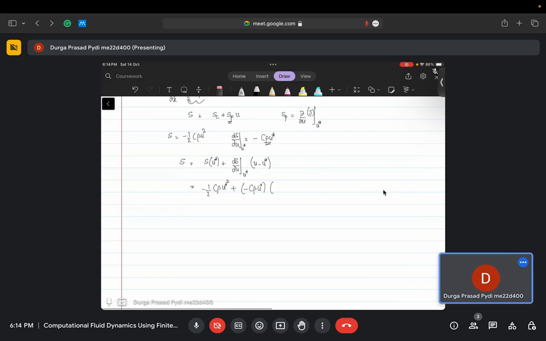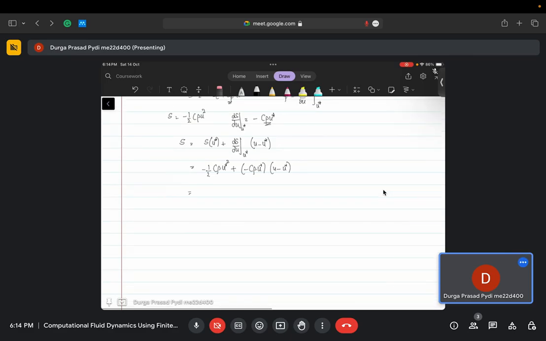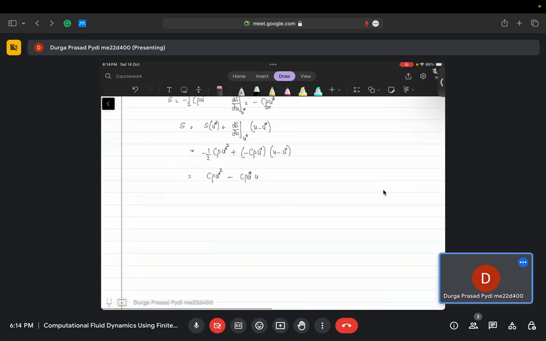This gives you, clear? So your SC is basically c u star square, and your SP is minus c u star. Okay. So from now we will just use the normal one.